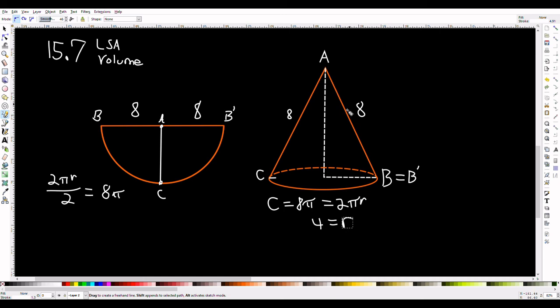We have our slant height, we have our radius, but we don't have our real height. Since our problem is to find the volume, we need this axis. Luckily though, we're looking at a right triangle. Clear as day to see.